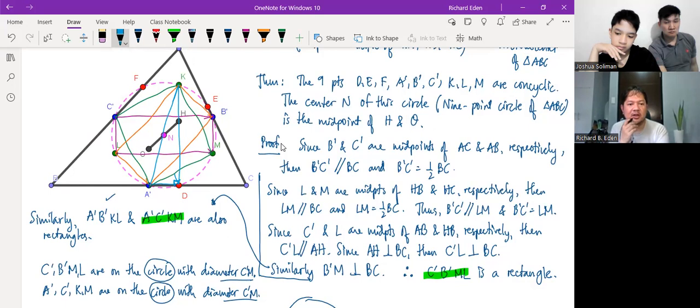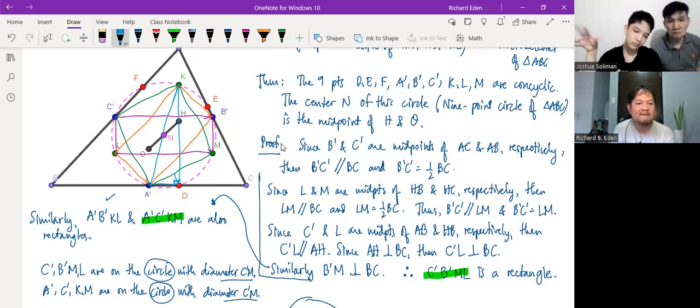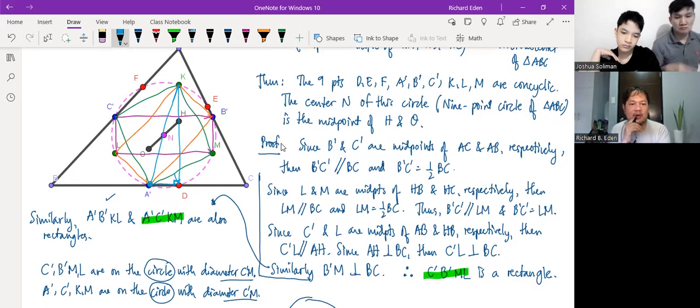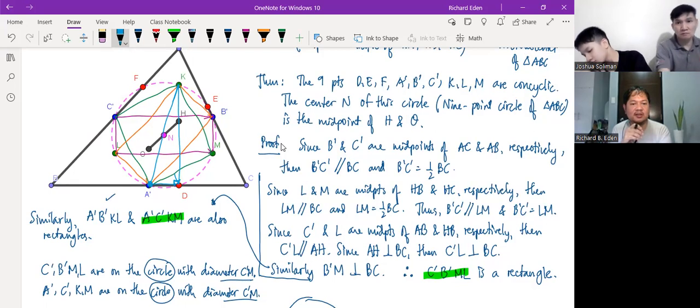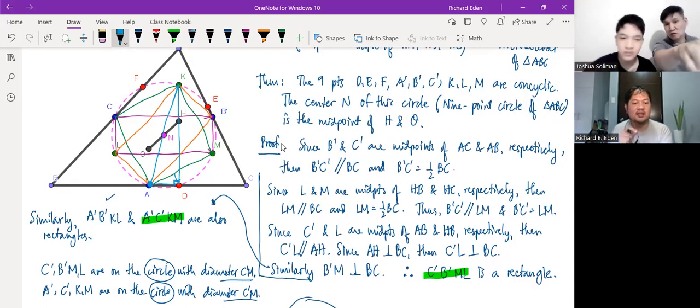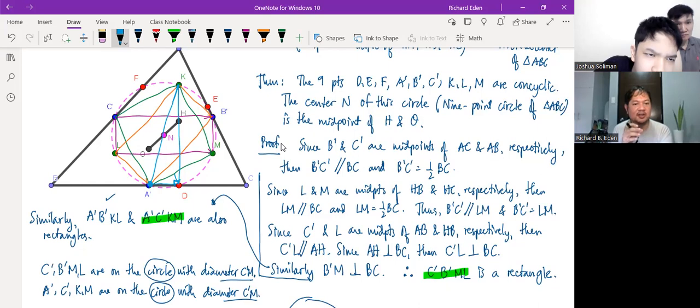And then KA prime is a diameter of the orange circle. Okay, so before ko isulat, look at the orange circle. One of its diameters is KA prime. However, because KDA prime is 90 degrees, then that means D is also on the circle having diameter KA prime.